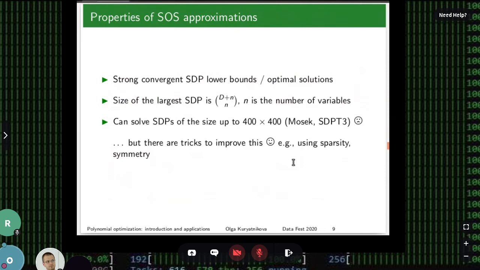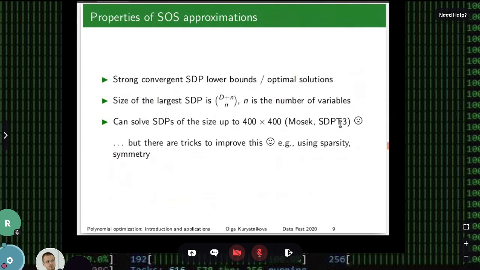However, this bound, if you remember, is constructed using semi-definite programming, and the size of the semi-definite matrix used in this bound depends on the number of monomials in the problem. The number of monomials is d plus n choose n, where d is the degree, so our SOS would be of degree 2d, and n is the number of variables.